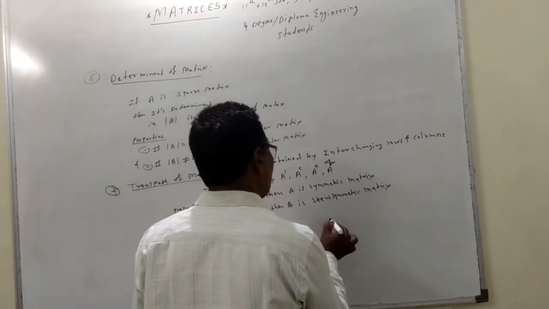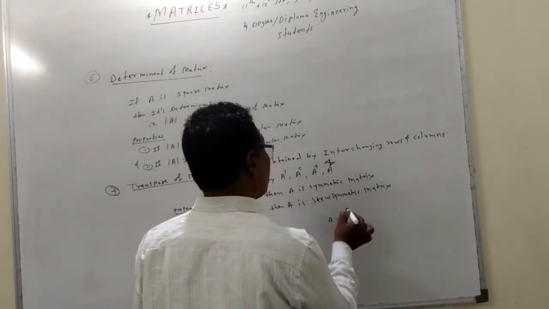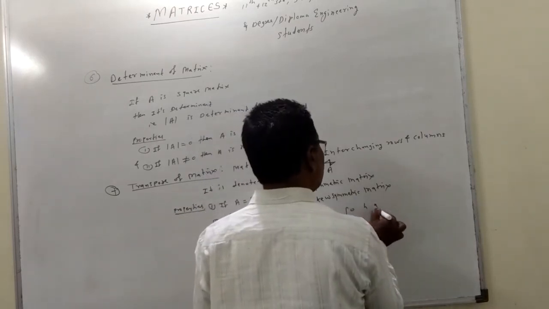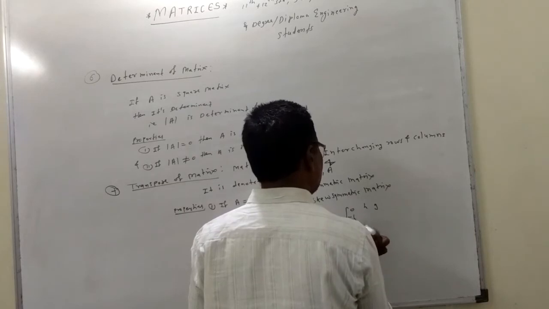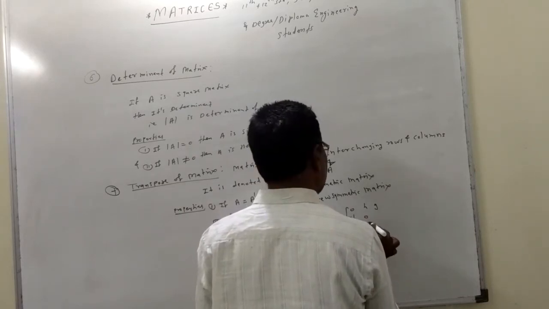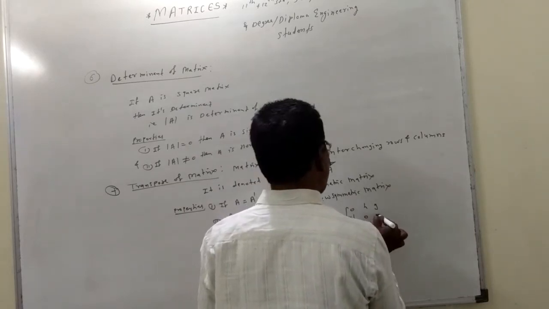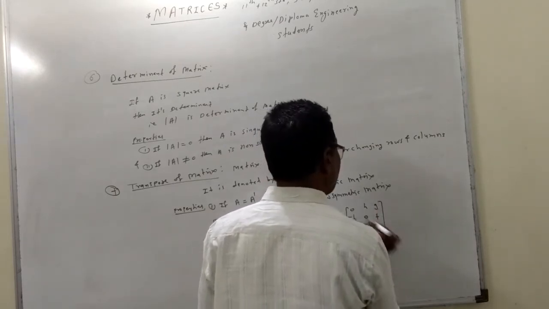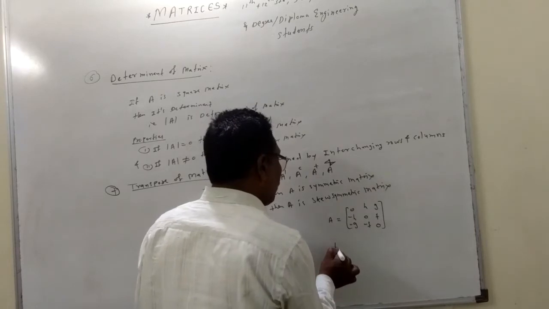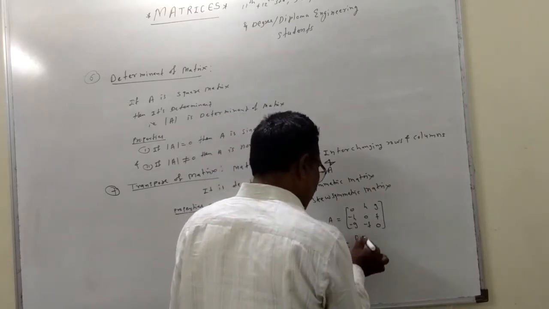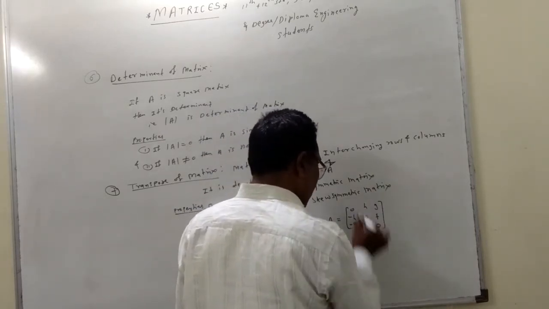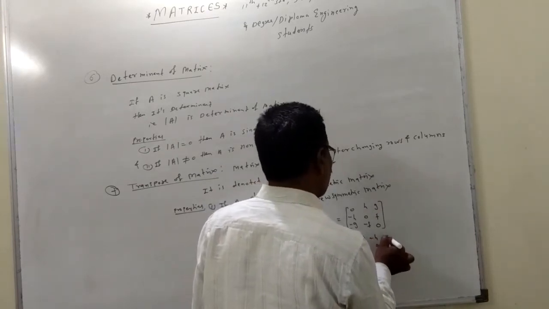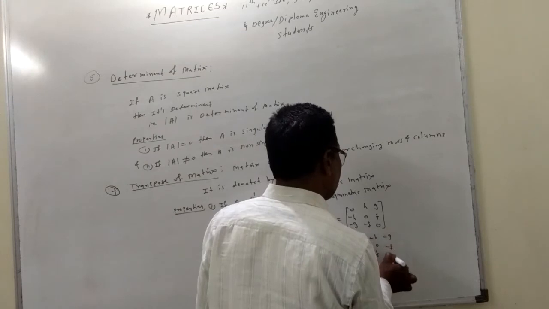Now suppose we consider A equal to the matrix [0 H G; minus H 0 F; minus G minus F 0], and if we find A dash, we get 0 H G, the rows we write as columns, so minus H 0 F and minus G minus F 0.